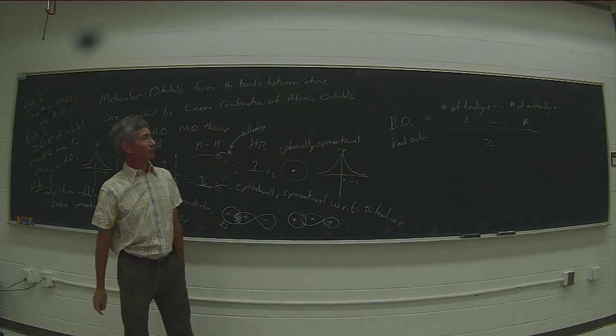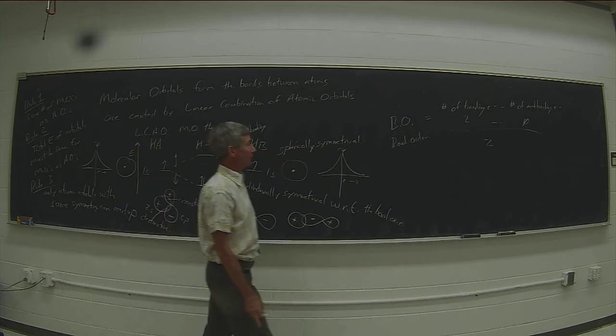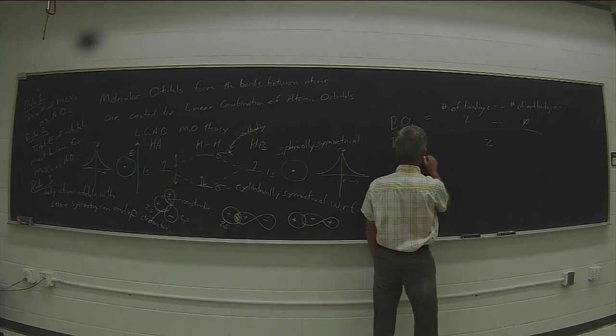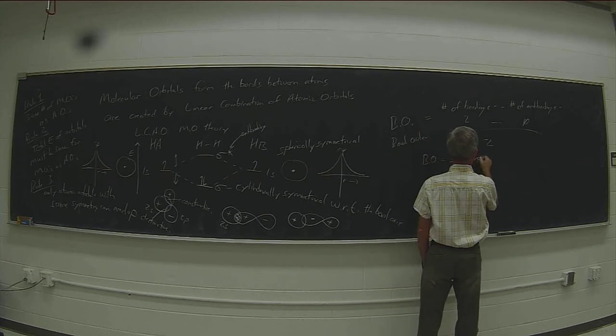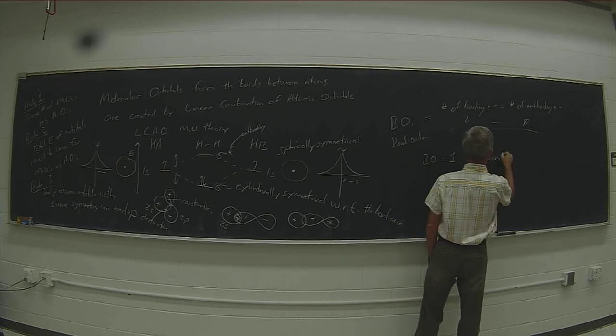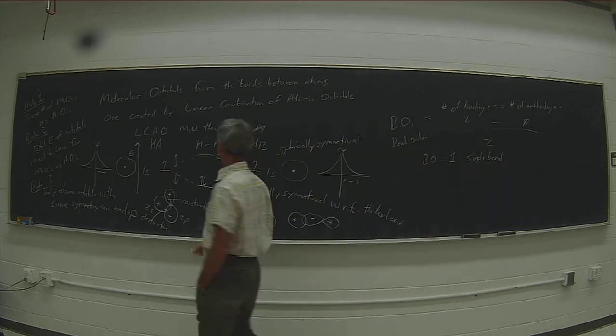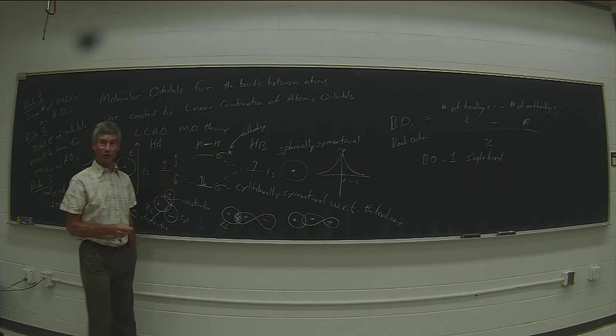Number of bonding electrons minus number of antibonding electrons divided by 2. In this case it is 2 over 2. Bond order is equal to 1. And that tells us we have a single bond between the hydrogens, which is what we knew from Lewis theory anyway.